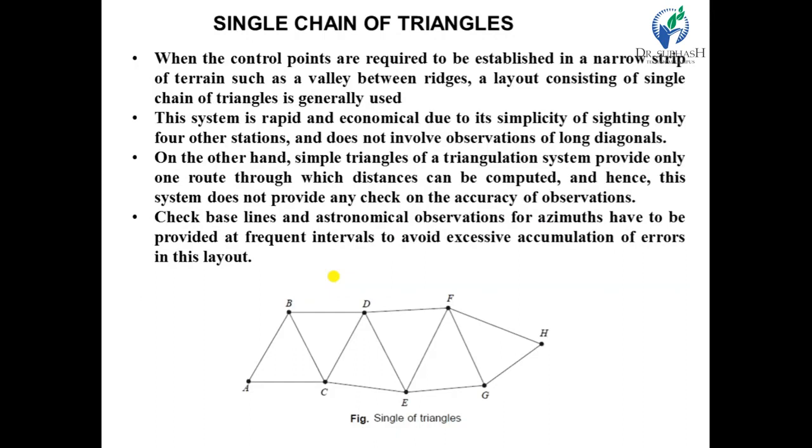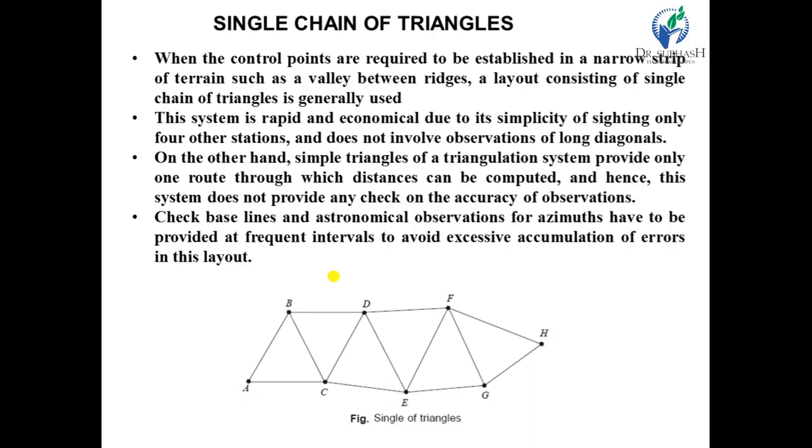Now see in the picture, that is the single chain of triangles. When control points are required to be established in a narrow strip of terrain, such as a valley between ridges, a layout consisting of a single chain of triangles is generally used. This system is rapid and economical due to its simplicity of siting only 4 other stations, and it doesn't involve the observation of long diagonals.